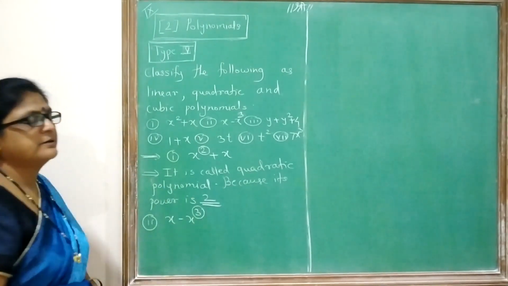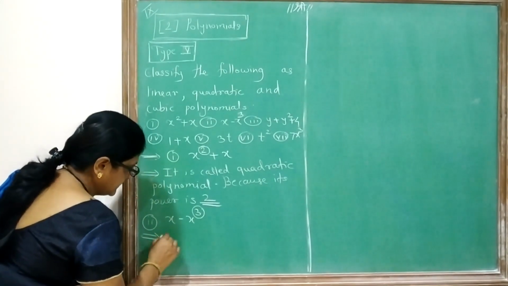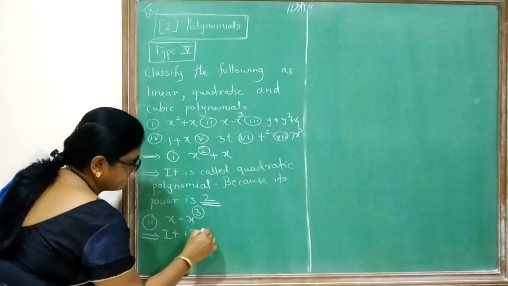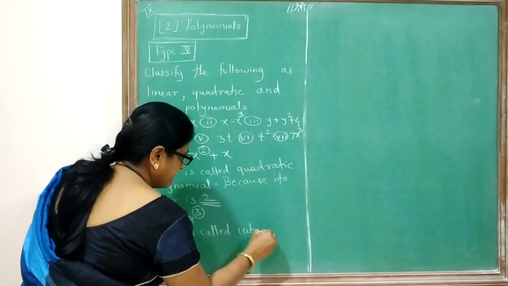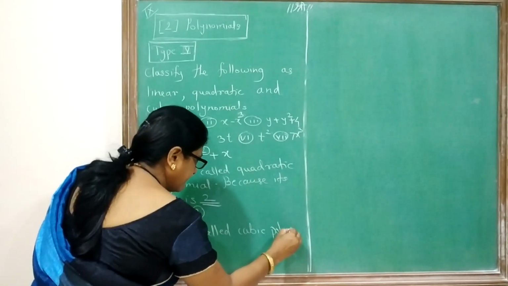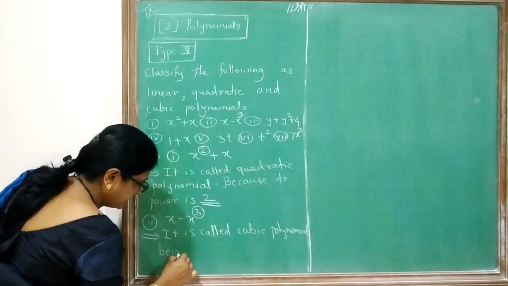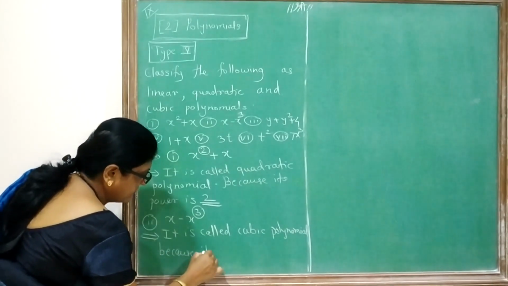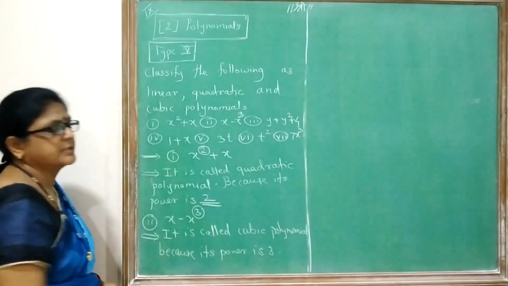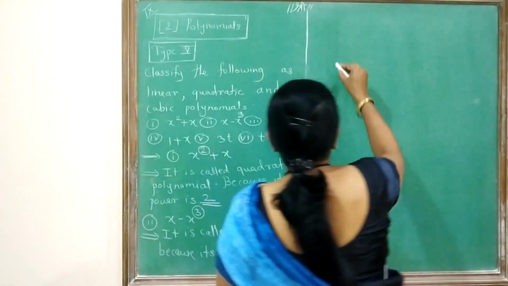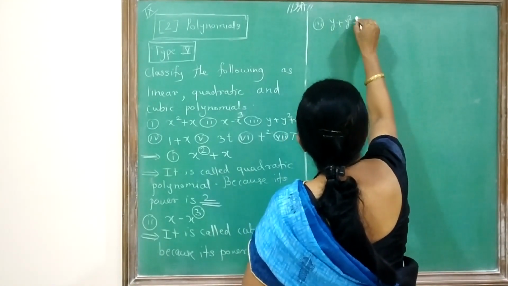Here power is 3, then it is called a cubic polynomial, because its power is 3. Then the third example is y plus y square plus 4.